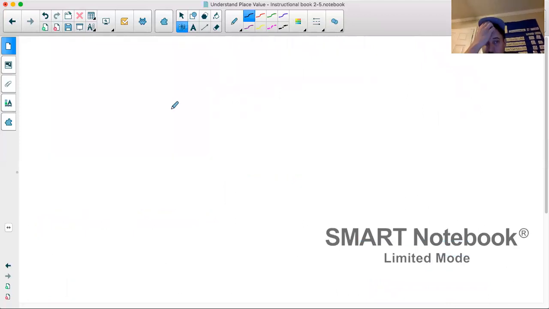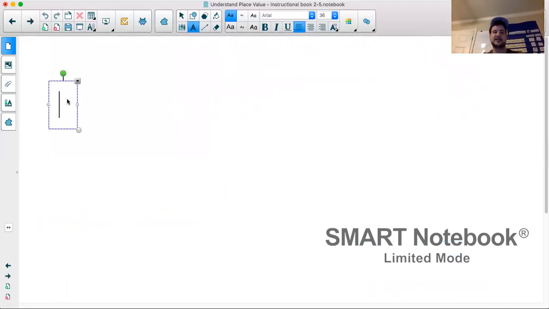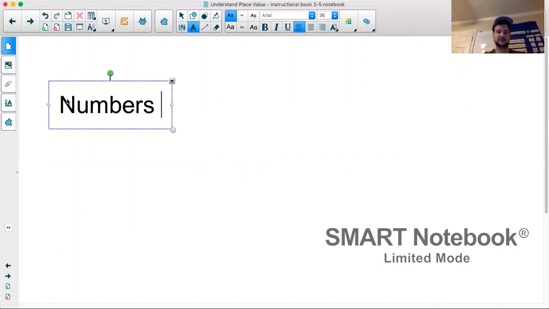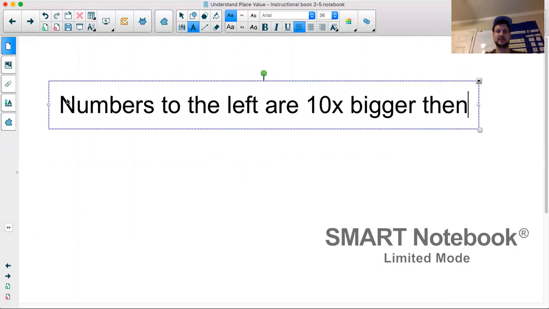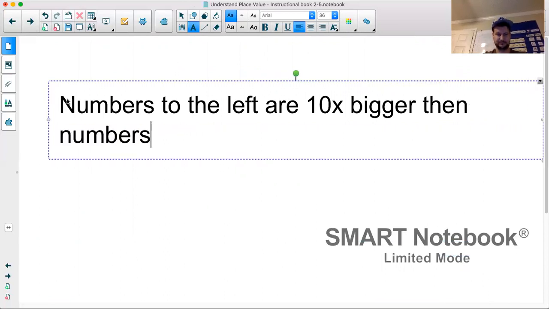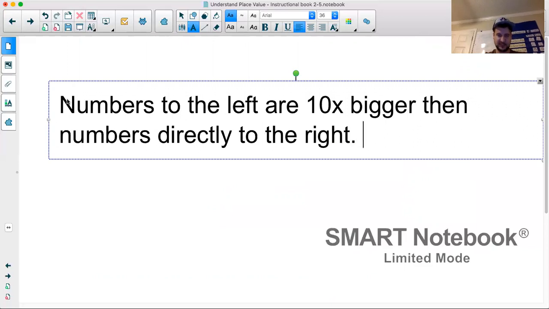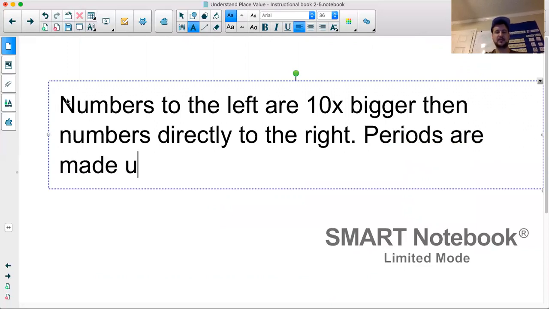Okay, so what I hope you got from today's lesson is numbers to the left are 10 times bigger than numbers directly to the right. I hope that you were able to know that periods are made up of 3 place values.